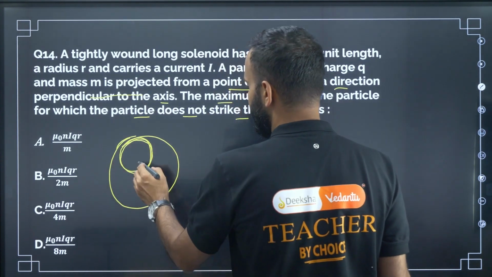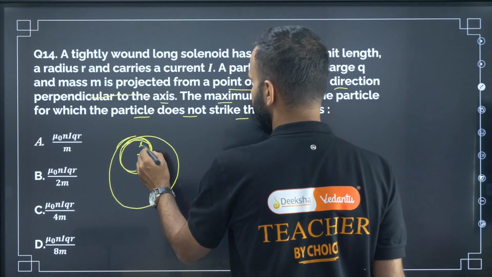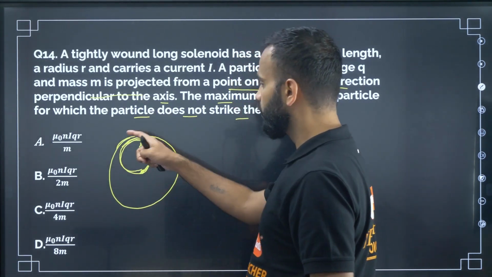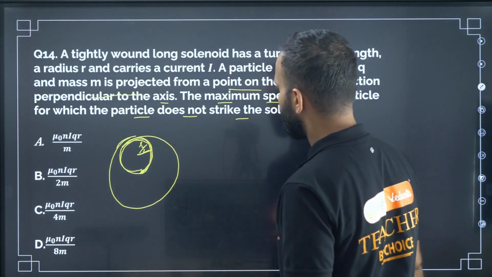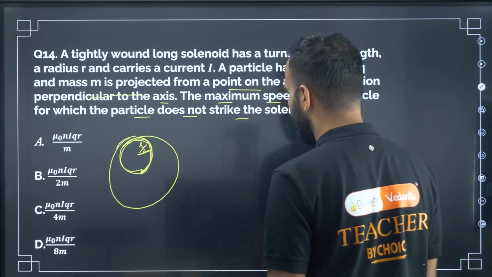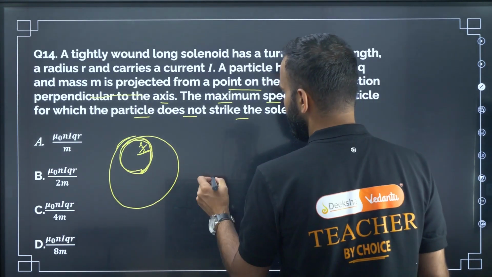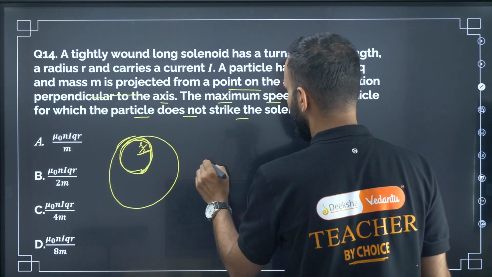So what is the radius of the circular path? The radius of the circular path is r by 2, so it does not strike the solenoid.